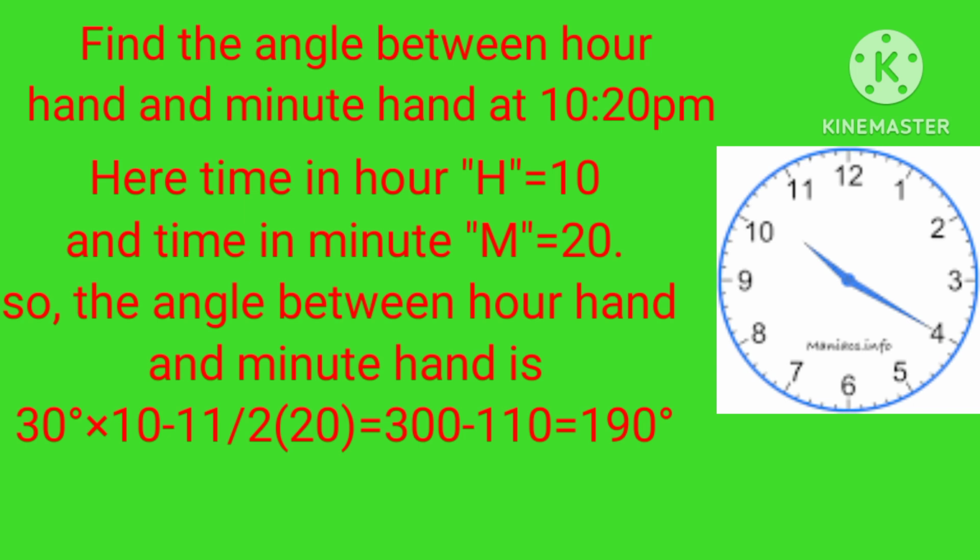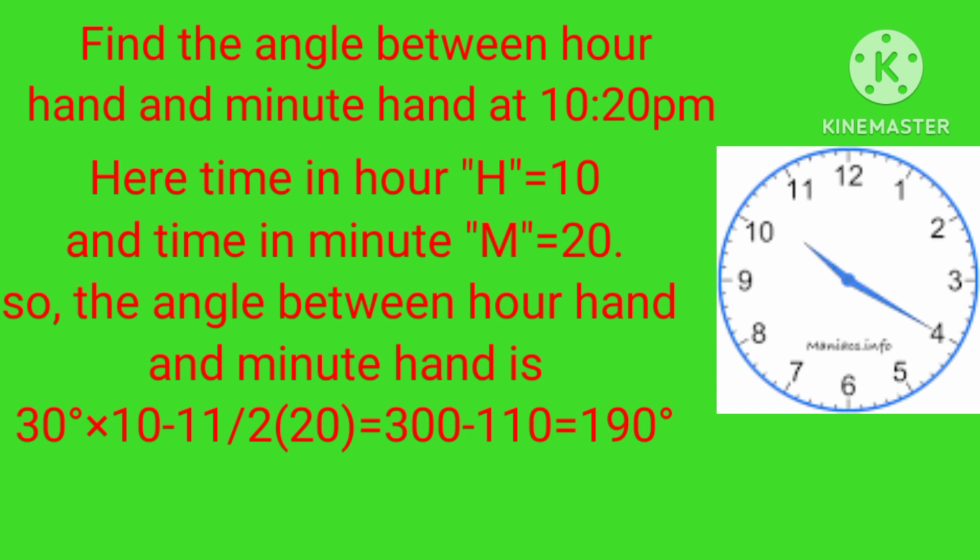Here time in hour, denoted by capital H, is equal to 10 and time in minute, denoted by capital M, is equal to 20. So the angle between hour hand and minute hand is 30 degree multiplied by 10 minus 11 by 2 multiplied by 20. It is equal to 300 minus 110, equal to 190 degree.